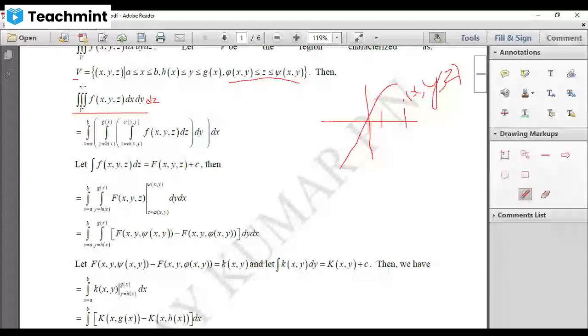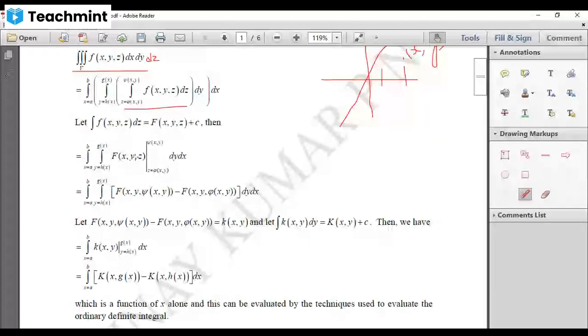How? Let me integrate this with respect to z first. The other things, dy and dx, will remain the same. Now assume that the integral of f(x, y, z) is some capital F(x, y, z). Because I have chosen an indefinite integral, I have put an integration constant. But here we have definite values for the limits of z.